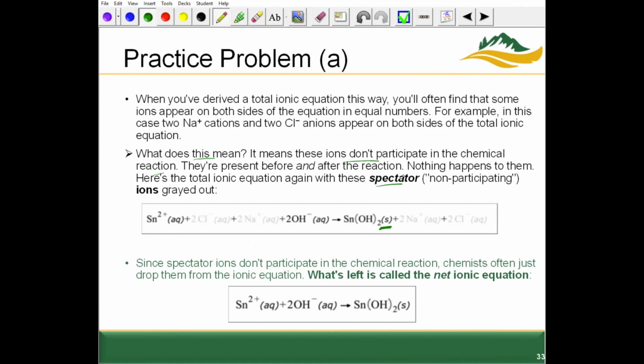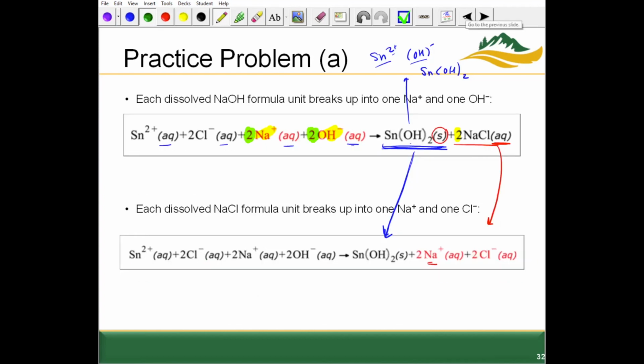So these spectator ions are non-participating ions. They have to show up in their same form on both sides of the reaction. What I mean by that is 2Cl- in its aqueous form, 2Cl- in its aqueous form. This gets canceled out, and this gets canceled out.